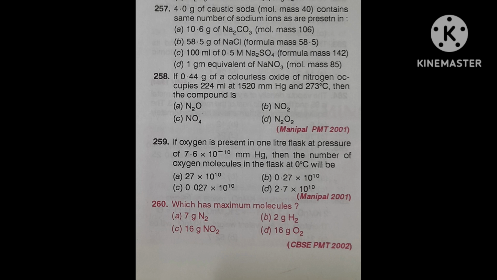Then which compound is it? First option is N2O, second is NO2, third is NO4, fourth is N2O2. Think. You can solve it. Actually, this numerical was asked in the Manipal medical examination.